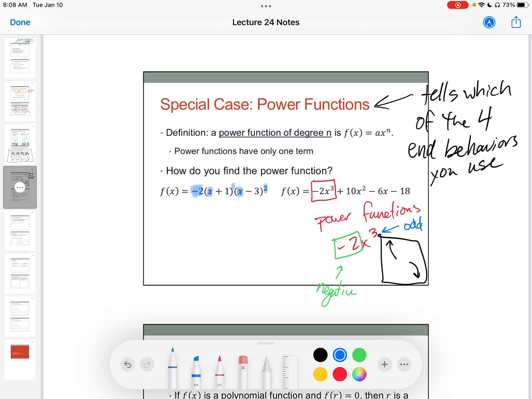So the power function for this one, I have a negative 2 times an x to the first power times an x squared. And if I multiply all those together, that gives me negative 2x cubed. Those are the 2 ways that you can figure out what a power function is. So we've done the end behaviors. This next video is going to be working on how do we know what's going on in the middle of it.